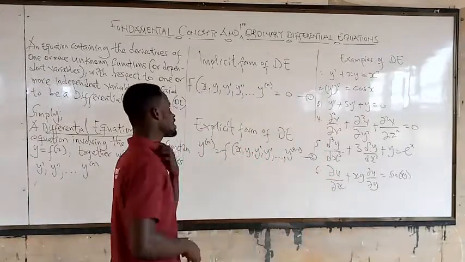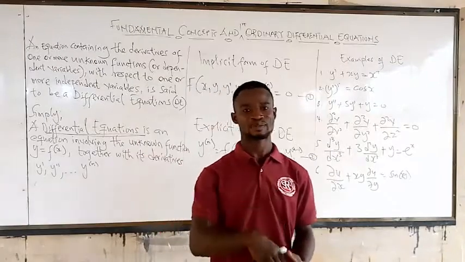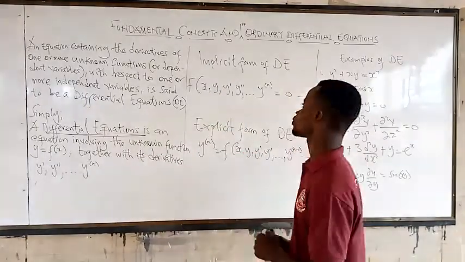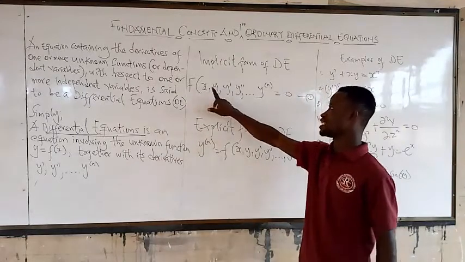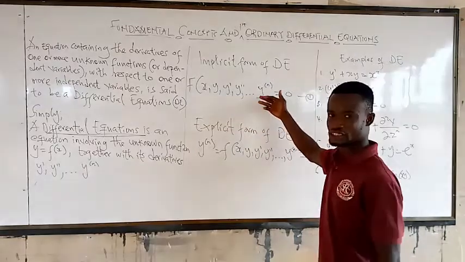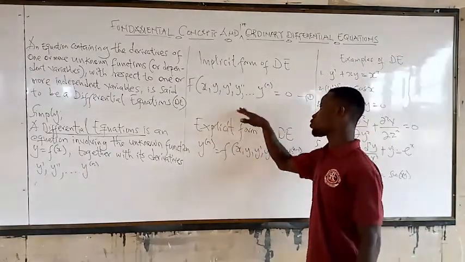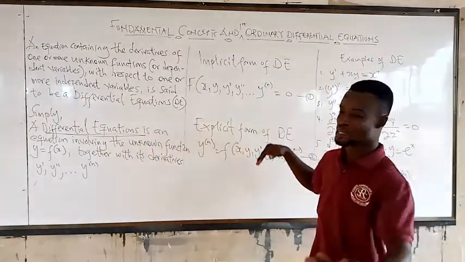Now, under differential equations, we have two forms: implicit and explicit. An implicit differential equation is when the whole function is in terms of variables x, y, y prime, and others, and it equals 0. When a differential equation is in this form, we say that it is implicit.